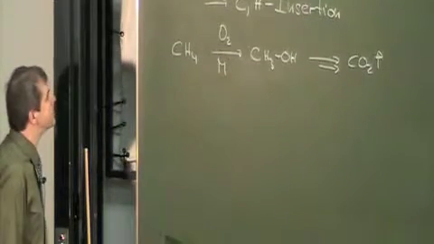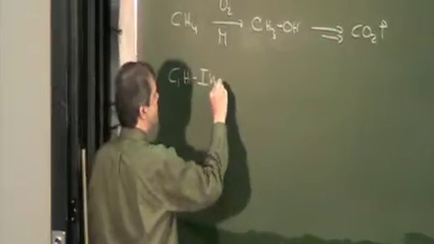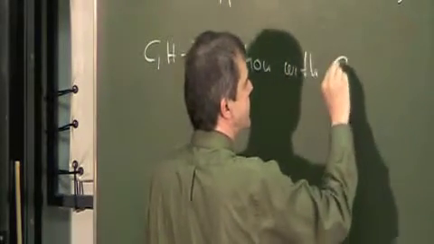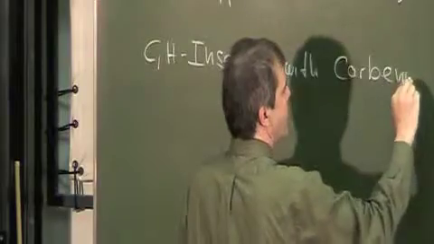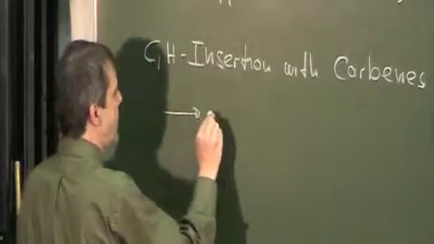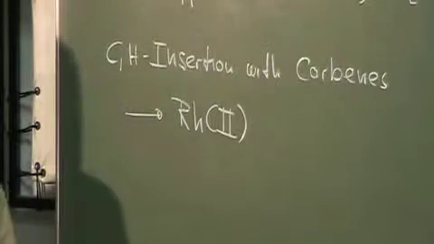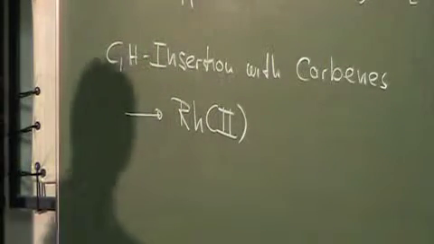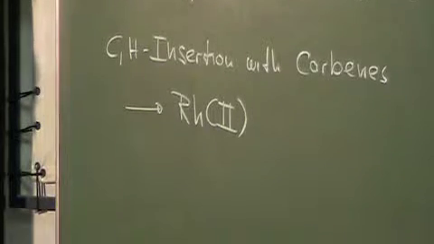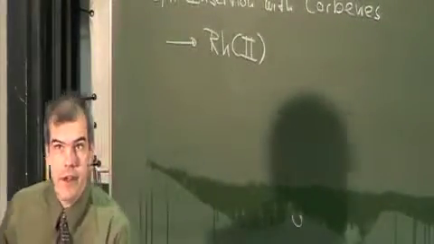Now, carbenes are possible, and the one key metal which is allowing this is again rhodium-2. So the rhodium-2 carbene complexes, besides that they can do cyclopropanation, are also sufficiently active to activate CH bonds.